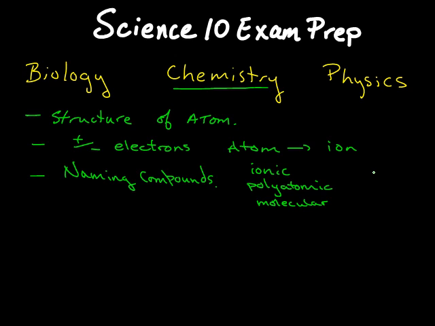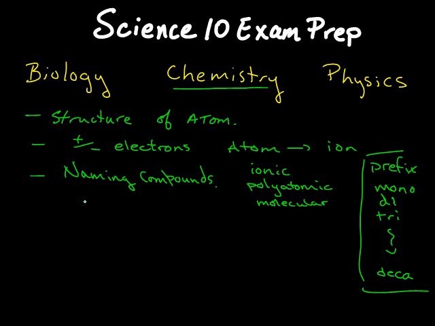On the test, I will give you the prefixes. We'll give you the mono, di, tri, and so on, right down to deca. So you'll have that on your periodic table off to the side.